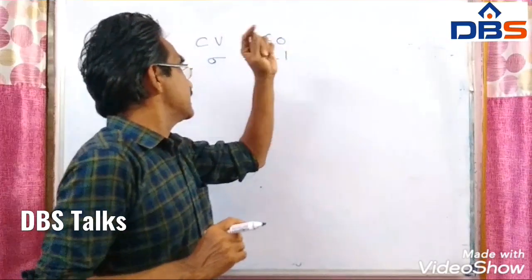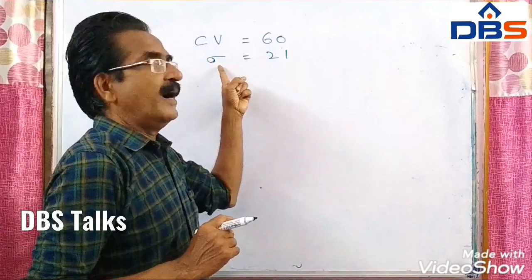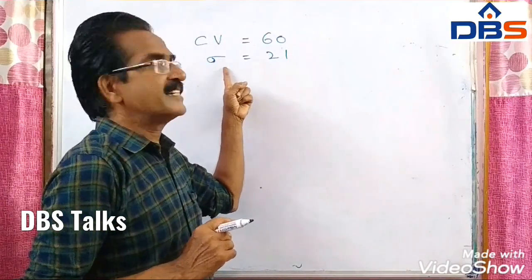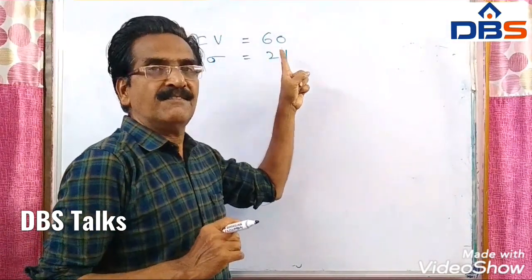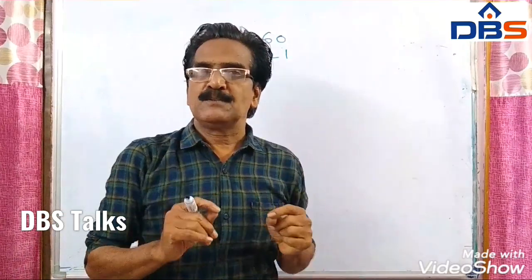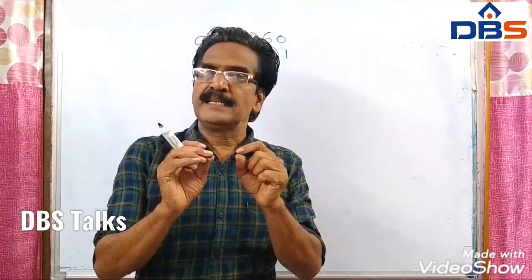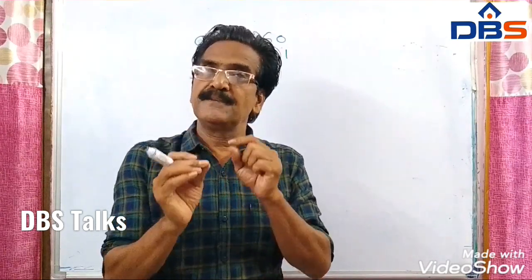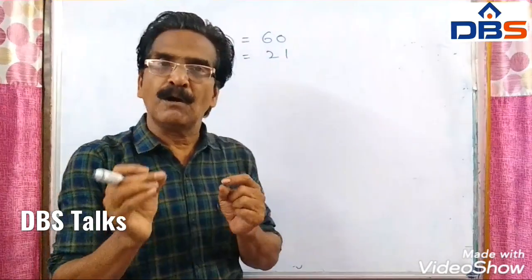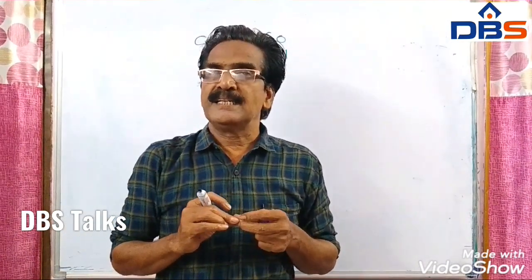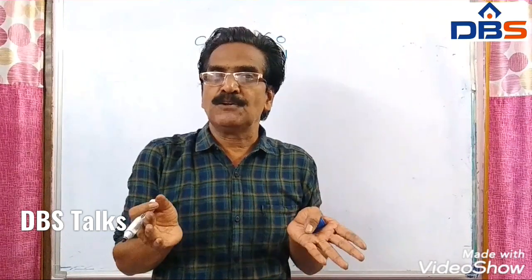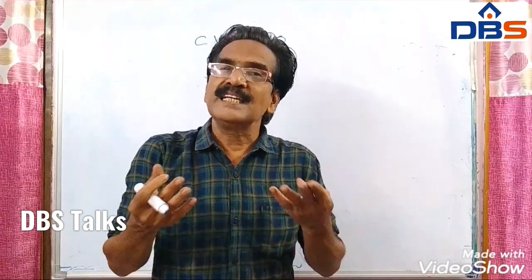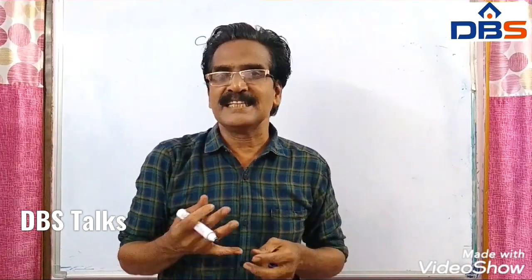The question is, if 15 is added to all the values, then what is the coefficient of variation of the resulting data?